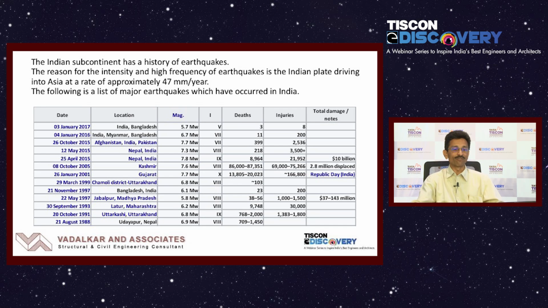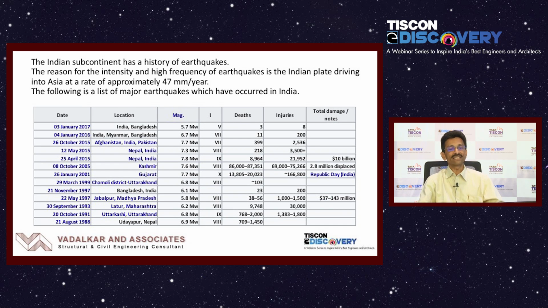After that, the major earthquake was the Gujarat earthquake in January 2001, with a magnitude of around 7.7. It was a bigger earthquake compared to the Latur earthquake, and thousands of people died, and of course the loss of property was also very huge. Recently we have had other earthquakes in Nepal and in the border area of Afghanistan, India and Pakistan also.